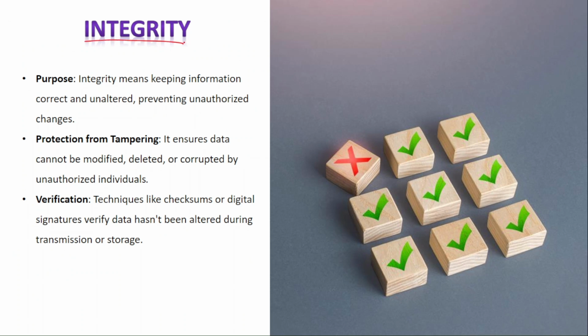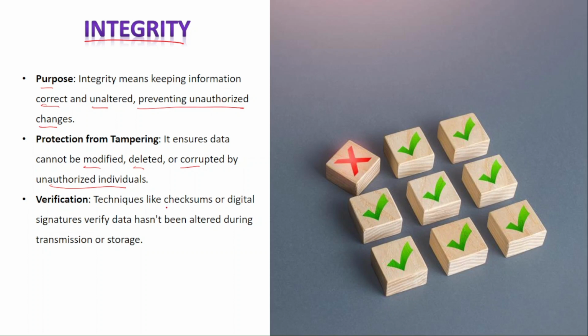The second CIA triad pillar is integrity. Integrity means keeping information correct and unaltered, preventing unauthorized changes. So it ensures correctness. Protection from tampering: it ensures data cannot be modified, deleted, or corrupted by unauthorized individuals or systems.